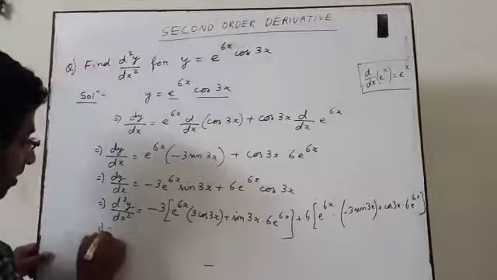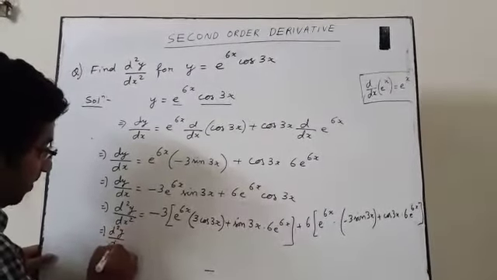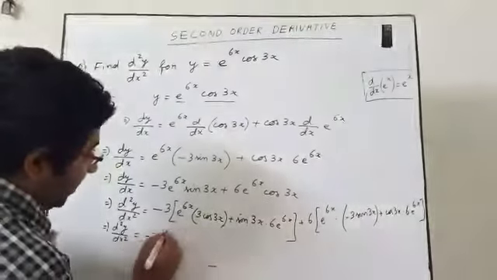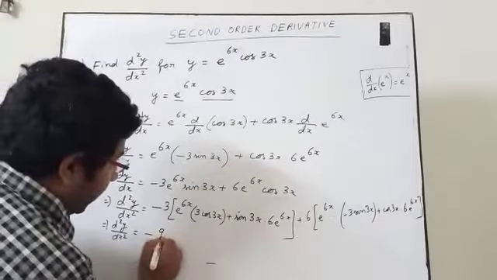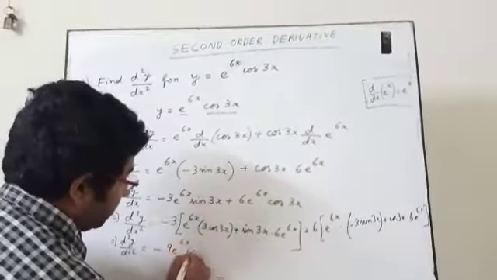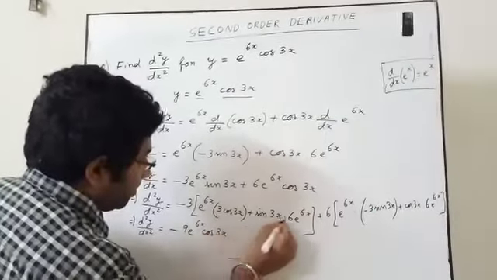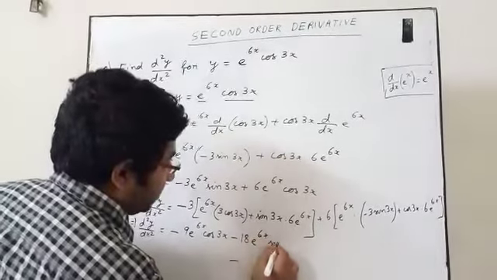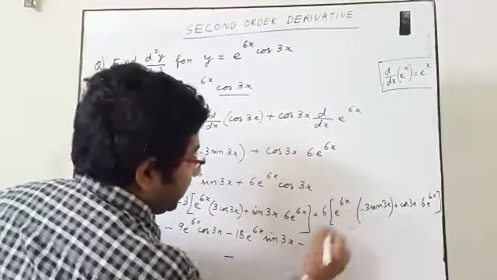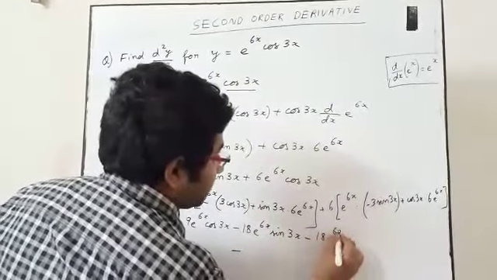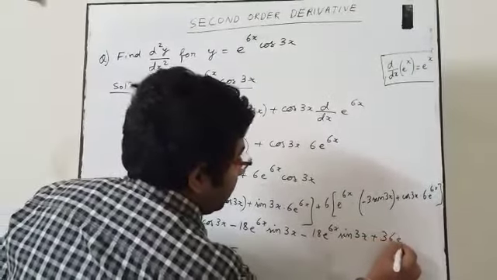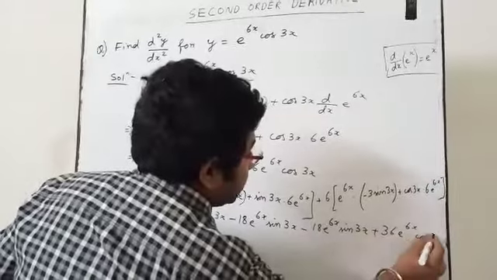So second order d2y by dx square equals, minus 3 times 3 is 9, 9 e to the power 6x cos 3x minus 18 e to the power 6x sin 3x minus 18 e to the power 6x sin 3x plus 36 e to the power 6x cos 3x.